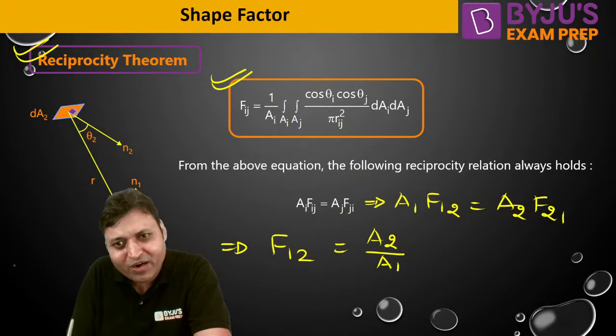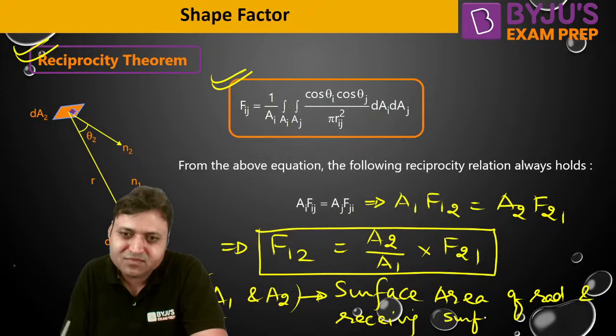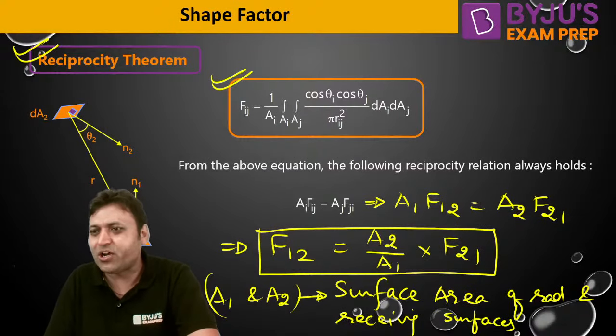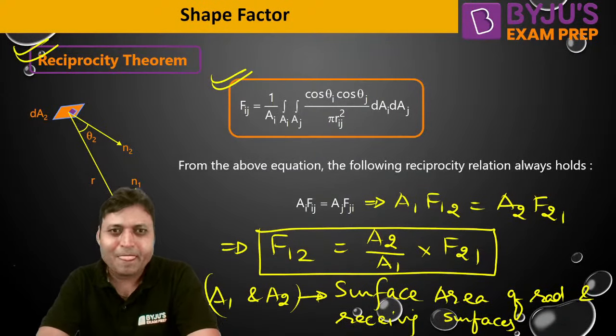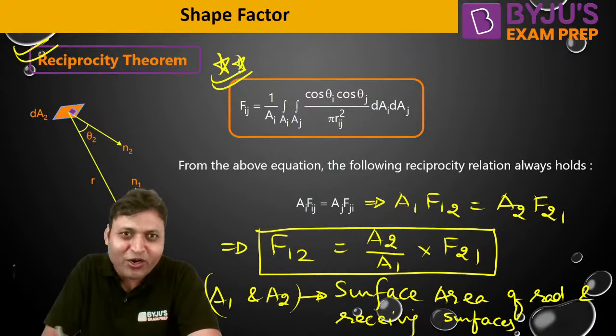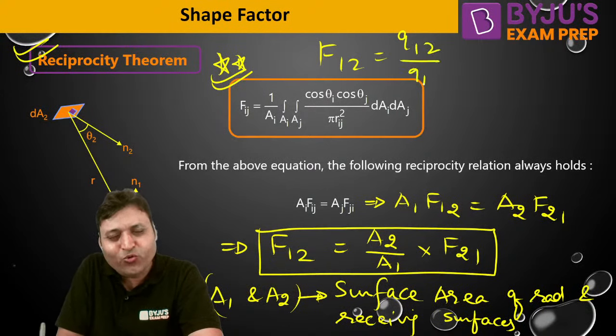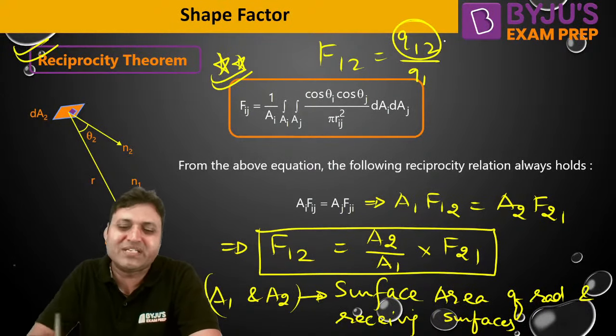That is how we can relate these shape factors, where A1 and A2 are the surface areas of the radiating and receiving surfaces respectively. This is how the reciprocity theorem can be used. Is this formula clear? We got this formula F12 as Q12 upon Q1, and Q12 had been written by using the intensity.